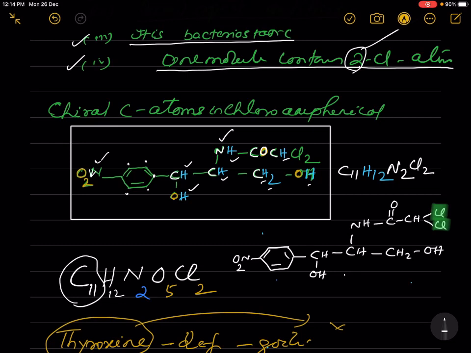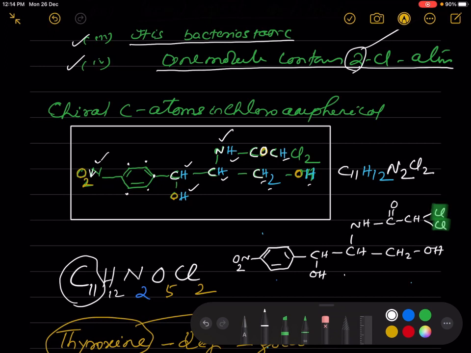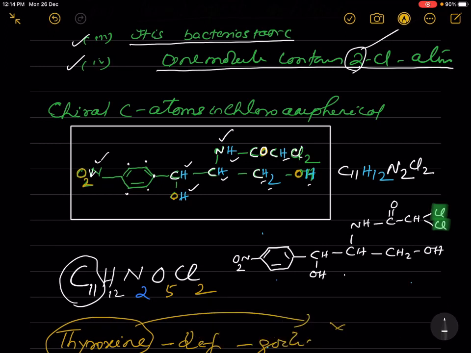And number of oxygen atoms, 1, 2, 3, 4, 5. So there are 11 carbon atoms, 12 hydrogen atoms, 2 nitrogen atoms, 2 chlorine atoms, and 5 oxygen atoms. So this is the molecular formula of chloramphenicol, which is used as an antibiotic.